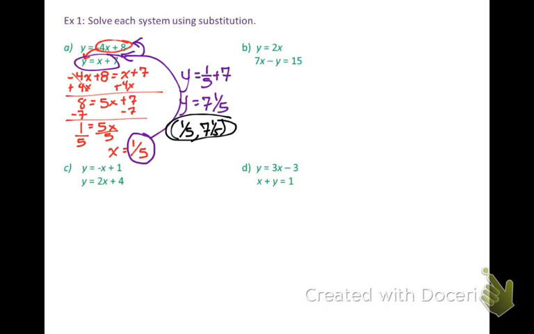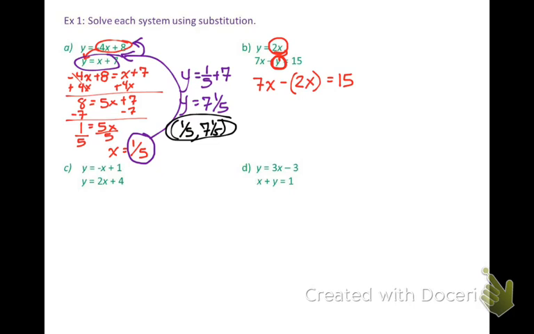Let's try it again. B, this one's a little different. You don't have y equals on both of these. But on B, I do have y equals on one of them. I have y equals 2x right here. So I'm going to substitute that in for this y right here. So I'm going to have 7x minus 2x equals 15.